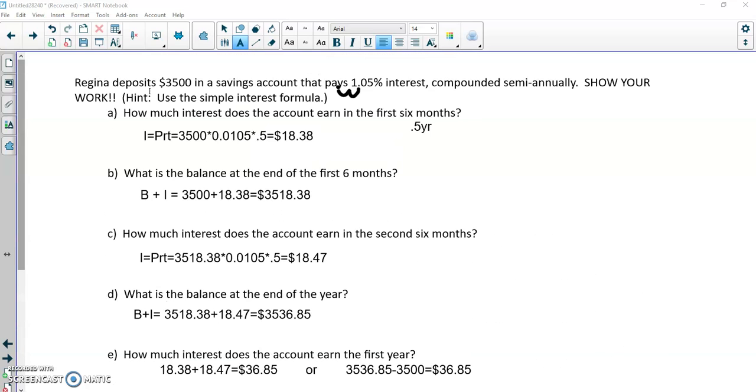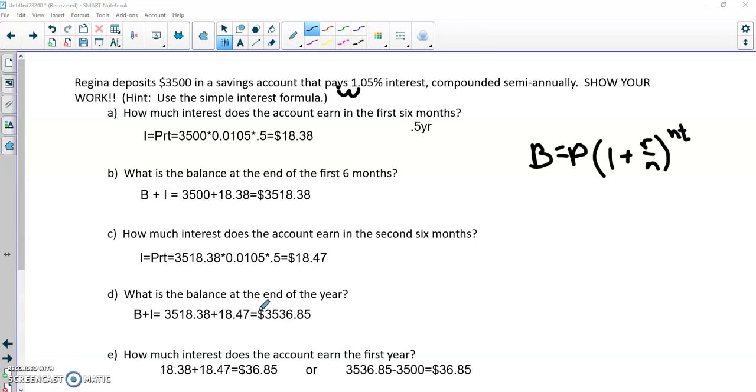So, how does this method of going through and finding it using the simple interest formula compare to the compound interest formula? So the compound interest formula is balance equals principal times the quantity 1 plus the rate divided by the number of times compounded, all raised to the number of times compounded times the time.